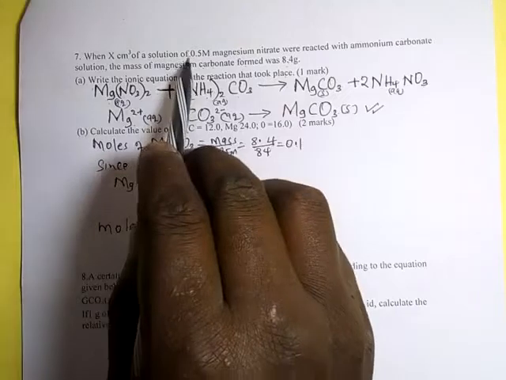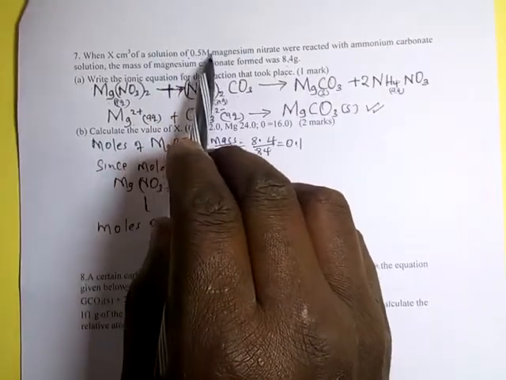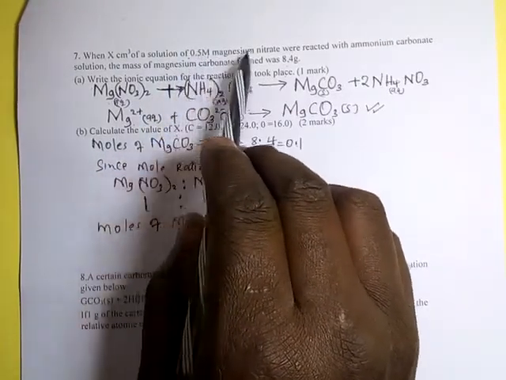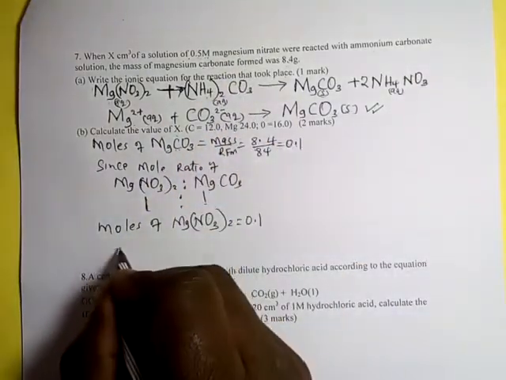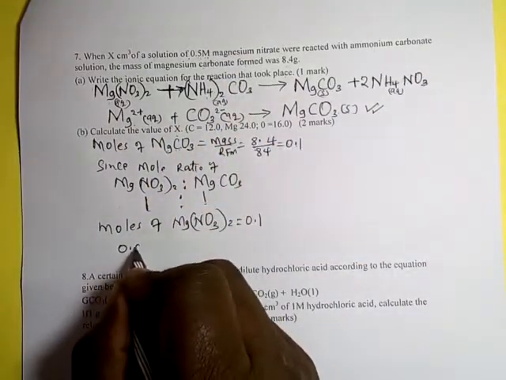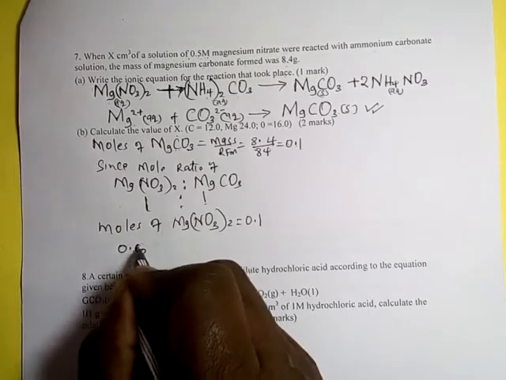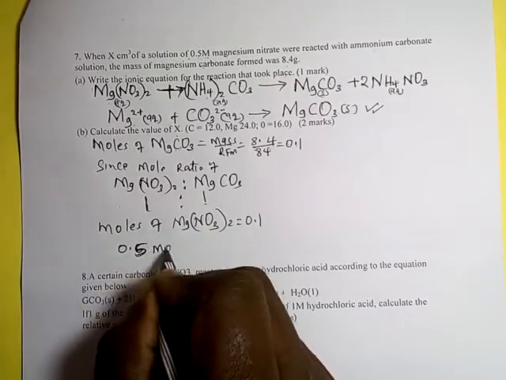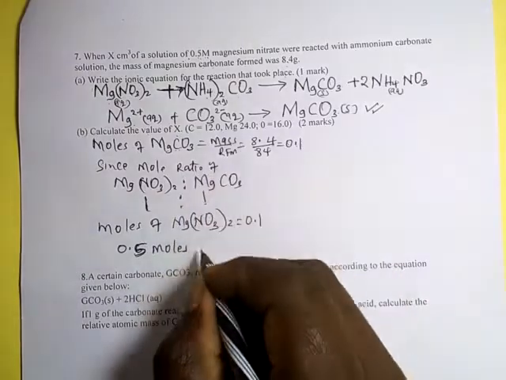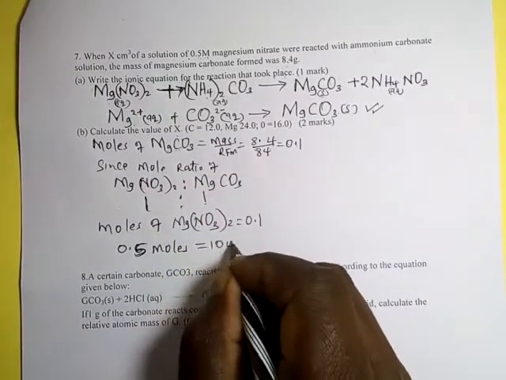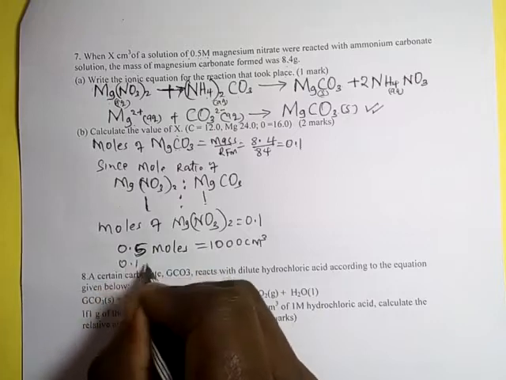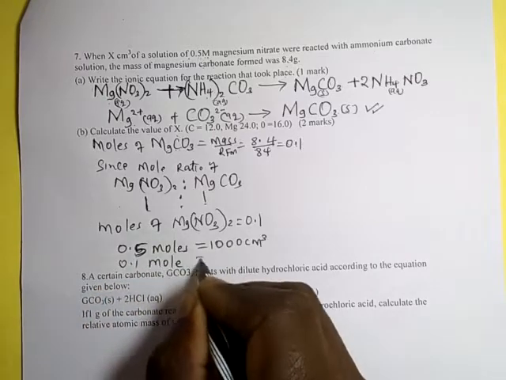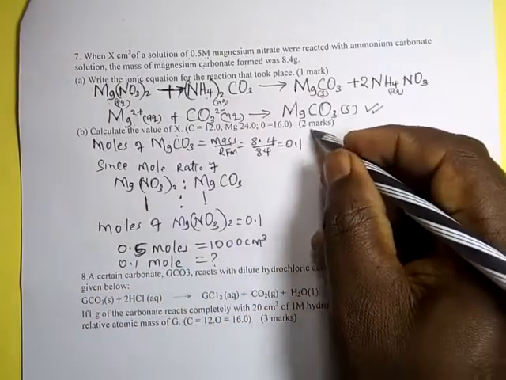But we know that 0.5 moles is the number of moles of magnesium nitrate in 1 liter, 1,000 centimeters cube. So we begin there. 0.5 is the number of moles in 1,000 centimeters cube. We will ask, 0.1 moles of the same will give us how many centimeters cube?